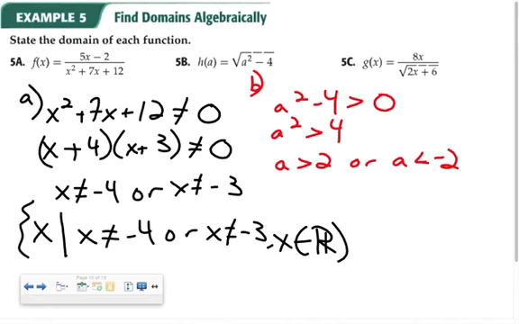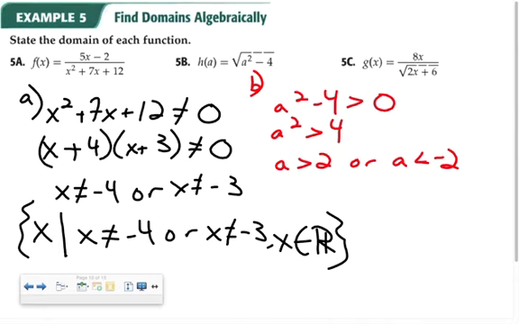So that's my domain, and because of the nature of this domain compared to the last one, that should have been a bracket. In the last one, I used set builder notation, whereas for part B, it might be clearer to indicate this domain in interval notation.